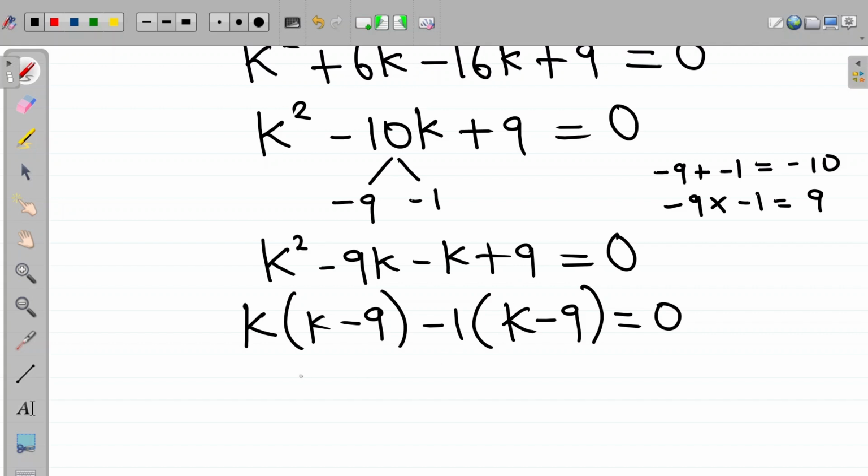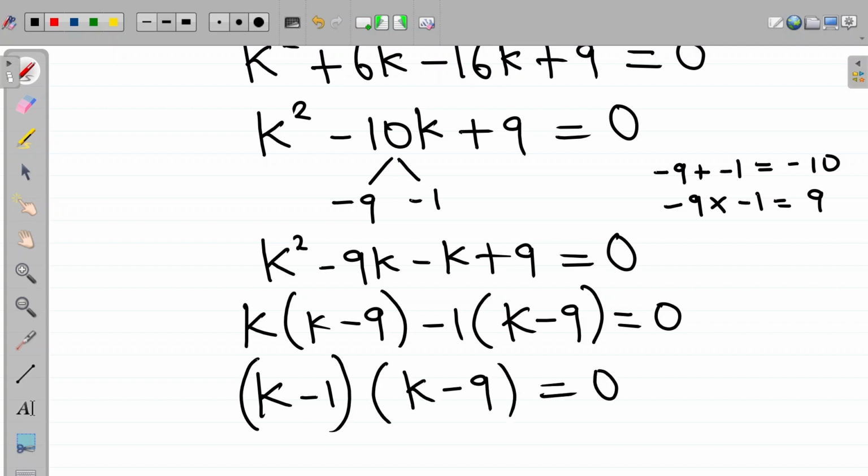So therefore, since we have the same terms in our bracket, the equation becomes k minus 1 multiplied by k minus 9 equal to 0.